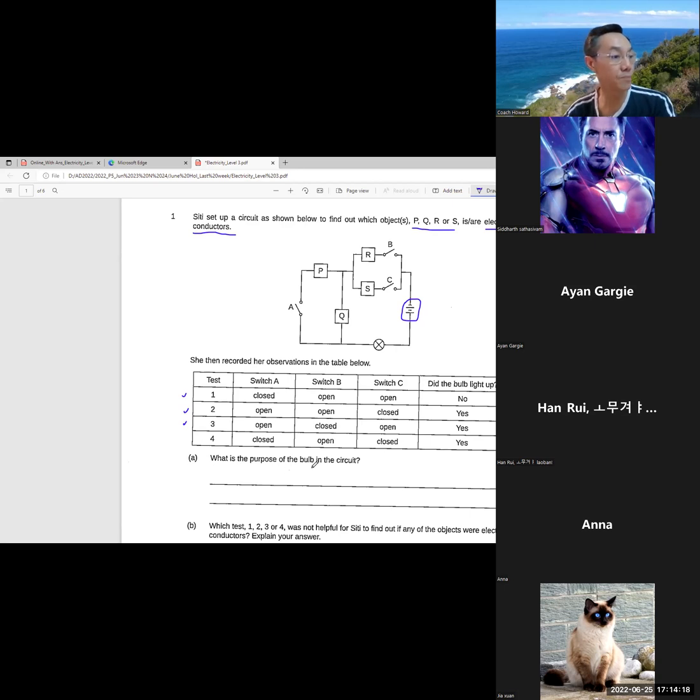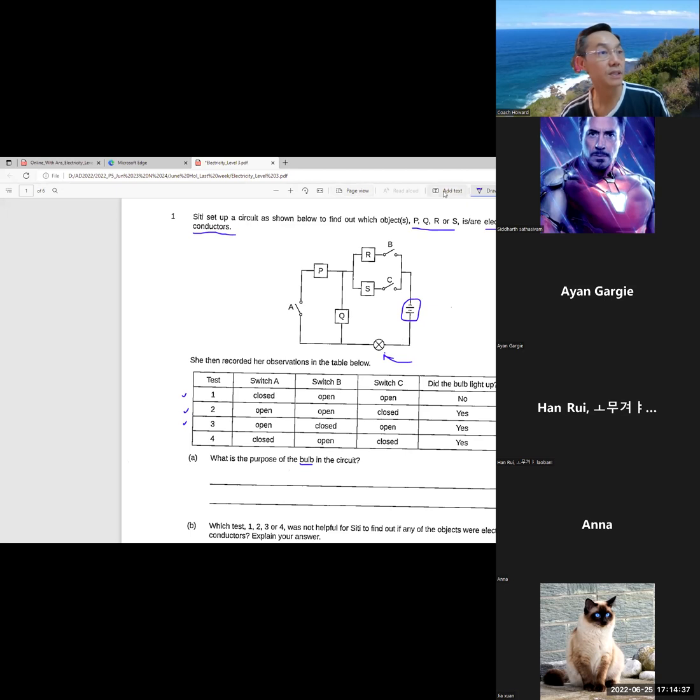They ask you what is the purpose of this bulb in the circuit. So this bulb is to indicate if electricity will pass through it. So it's very easy.